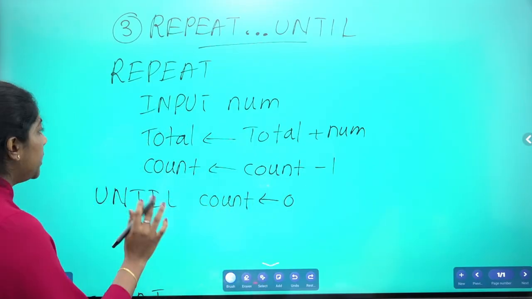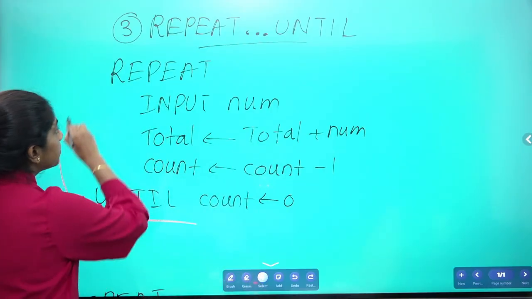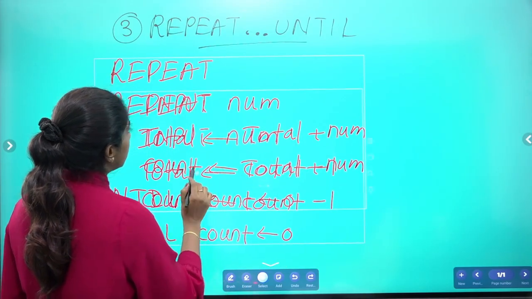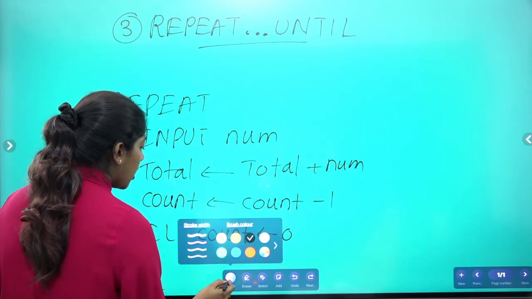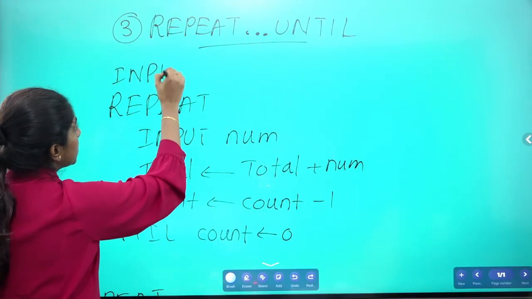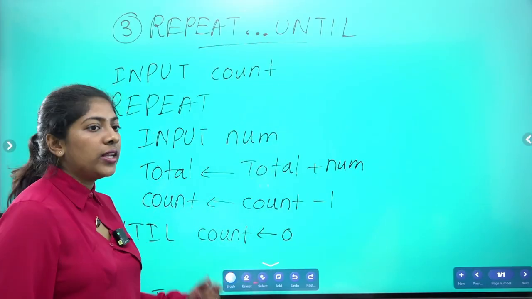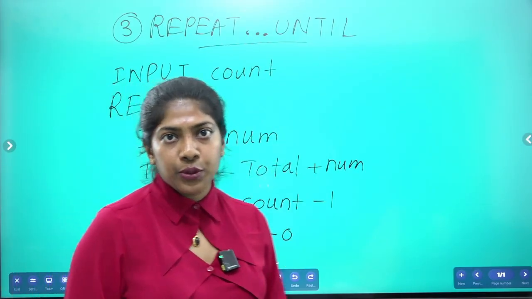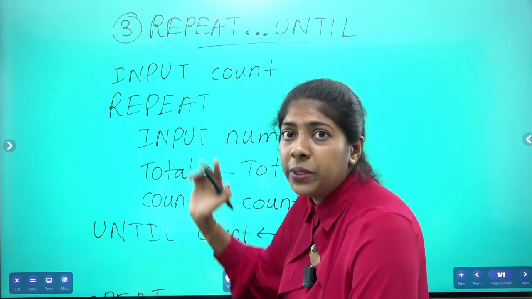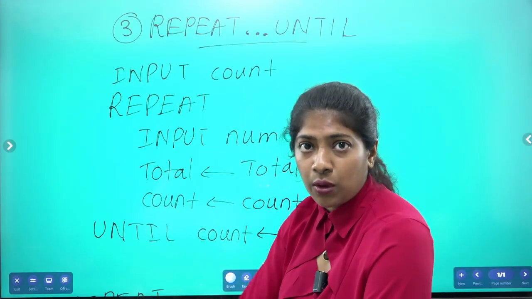Okay, so here I will take the count as a user input. Input count. So the value of the count a user can input. We don't know what the user will input as the count value.